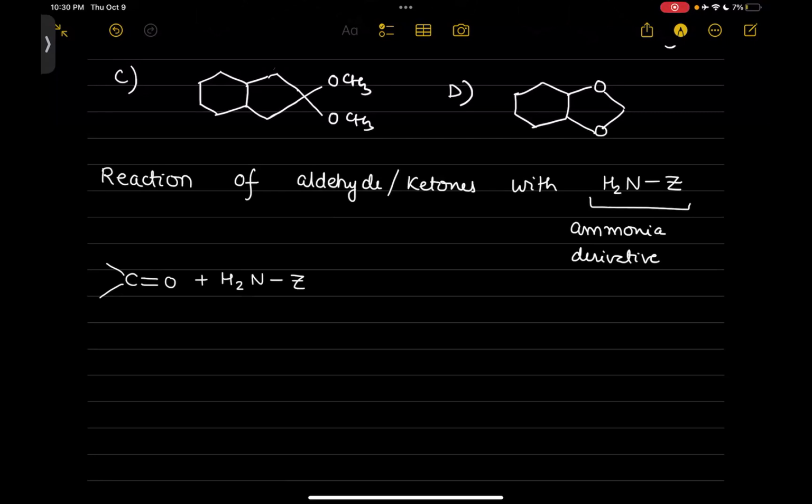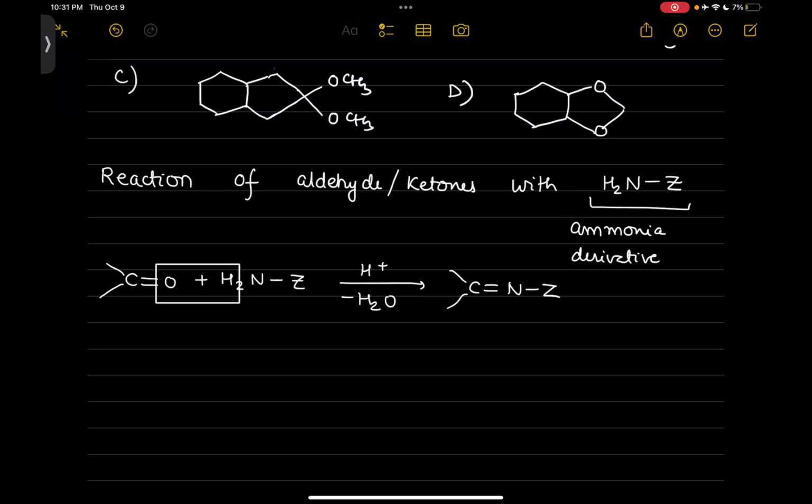You need to take a slightly acidic medium, okay, to catalyze this reaction, and the product can be written very easily by removing this H2 and O. You can remove the water. Is it clear? Okay, this is the product. I can write minus H2O.